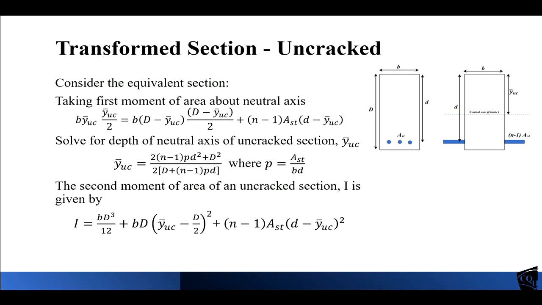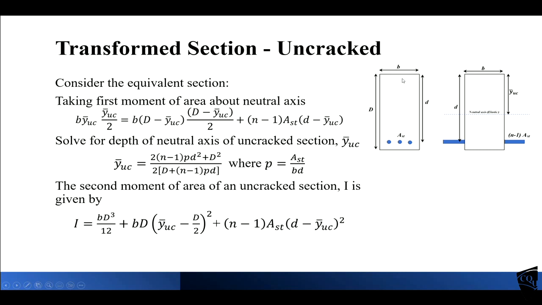So for the uncracked section, look at this one carefully. This is strength of materials, which you studied in your undergraduate. This is the section.